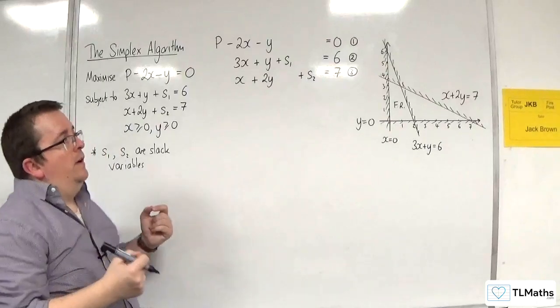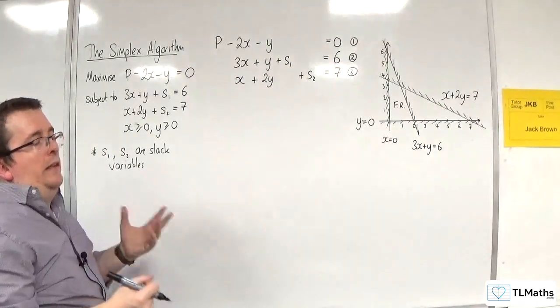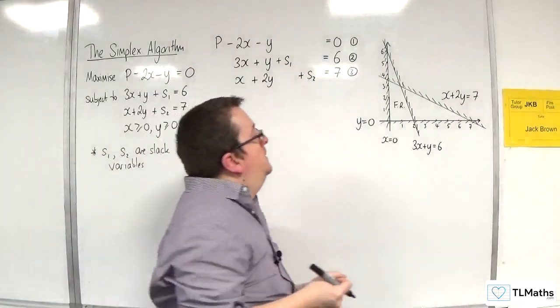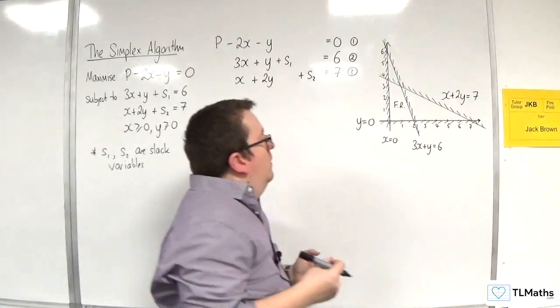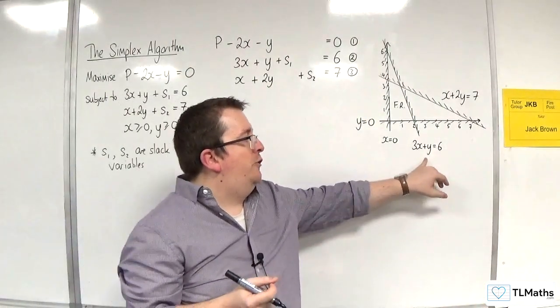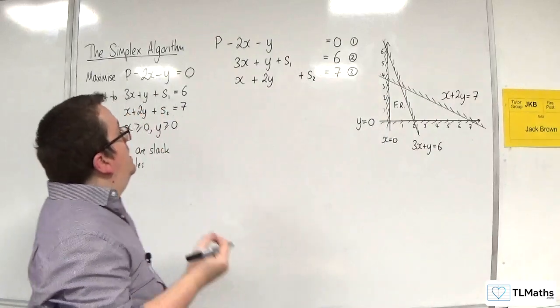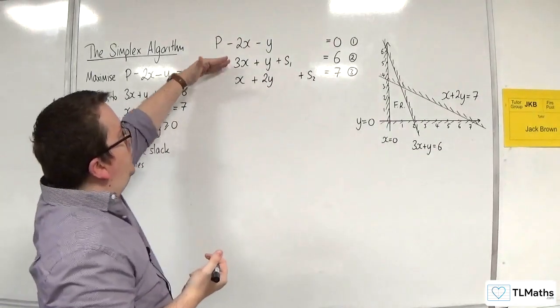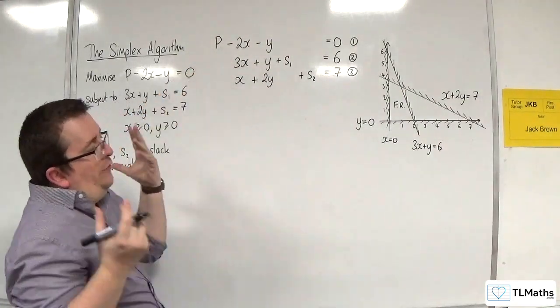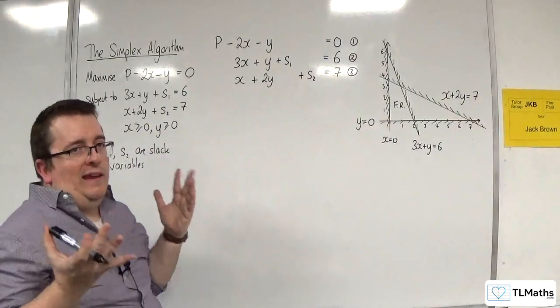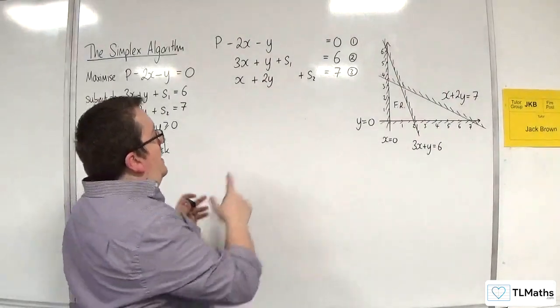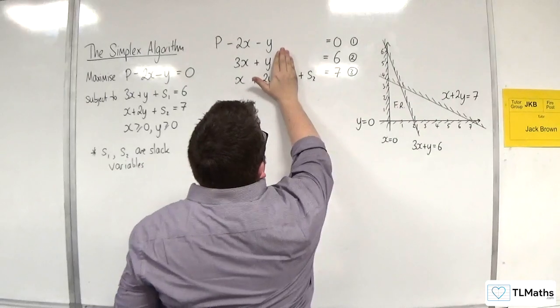Right. Now, let's take another look at our graph. So, for this equation here, 3x plus y equals 6, I'd like you to compare it with equation number 2. Because if 3x plus y is equal to 6, that's going to happen when s1 is 0.